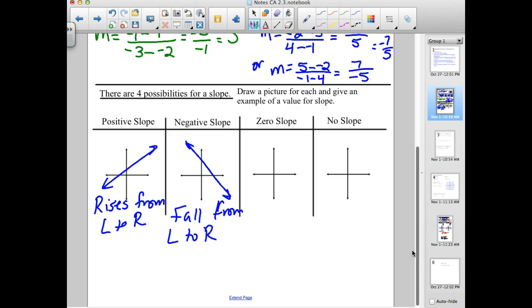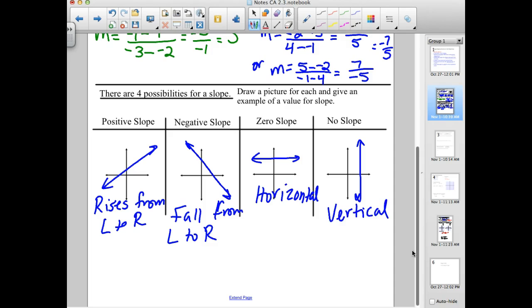The ones students often get mixed up: which one has a 0 slope? Horizontal or vertical? Horizontal. Horizontal has 0 slope. Vertical has no slope.